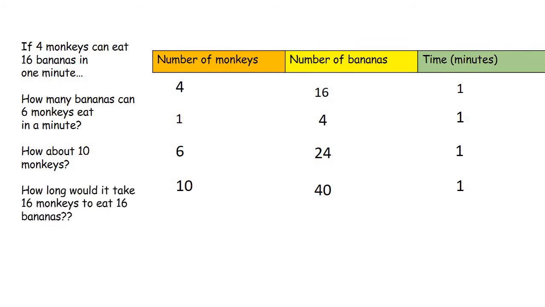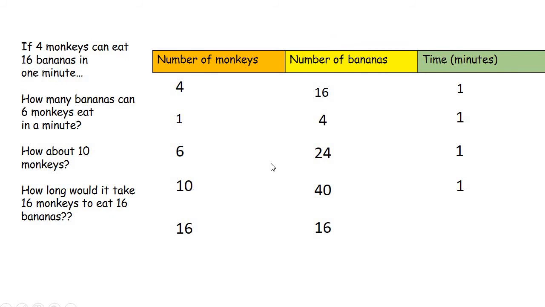The last question asks us how long would it take 16 monkeys to eat 16 bananas. So I've got 16 monkeys, 16 bananas. I've got 4 times as many monkeys than I had to start with, the same number of bananas, but 4 times as many monkeys. So they're going to take a quarter of the amount of time.